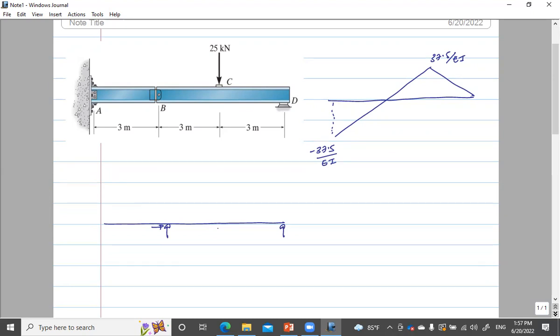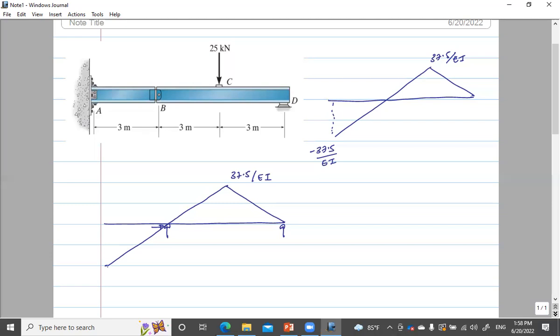Now I need to apply M over EI as a load on this. So what is the M over EI diagram? This is my M over EI diagram, 37.5 over EI. Here I'm not going to mark any negative or positive, because if it is below the curve, it's going to be acting down.